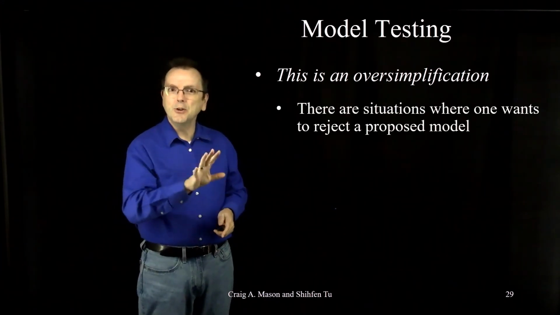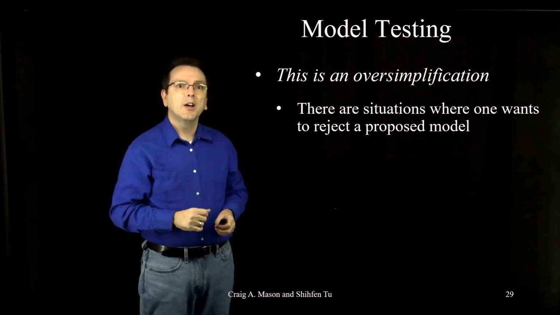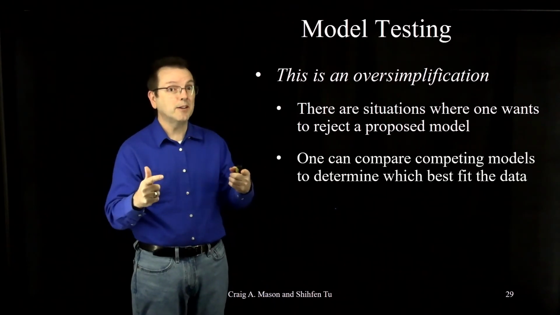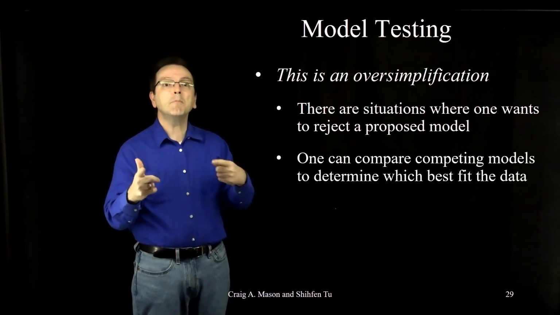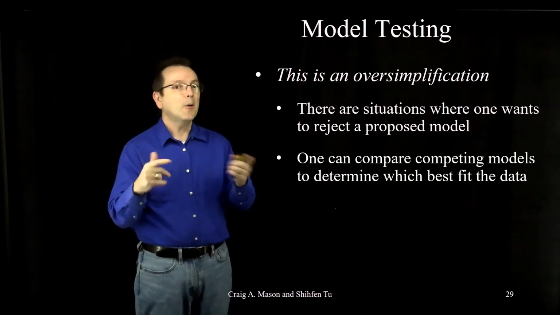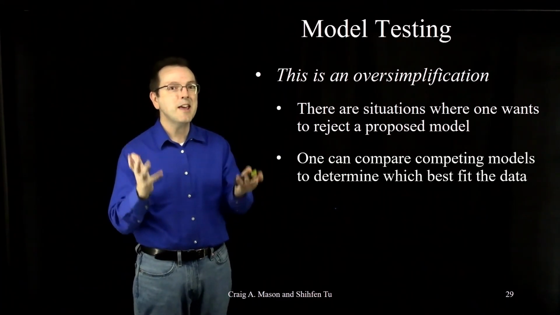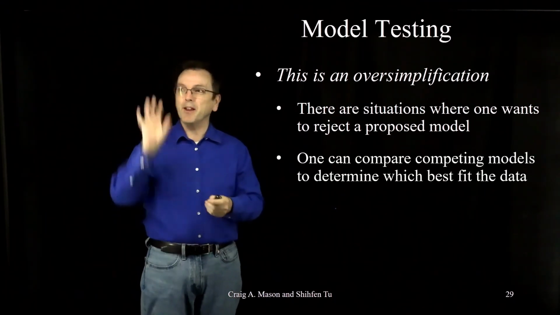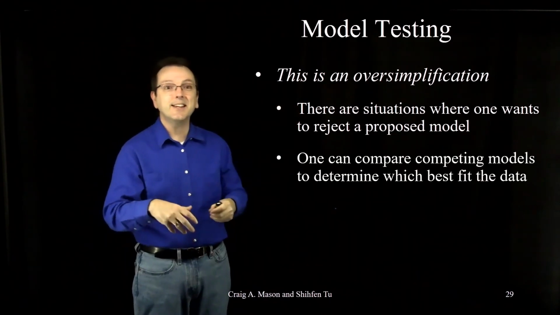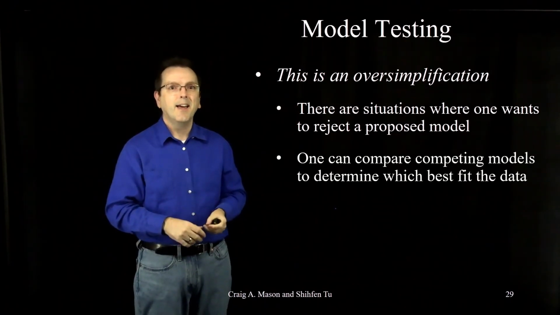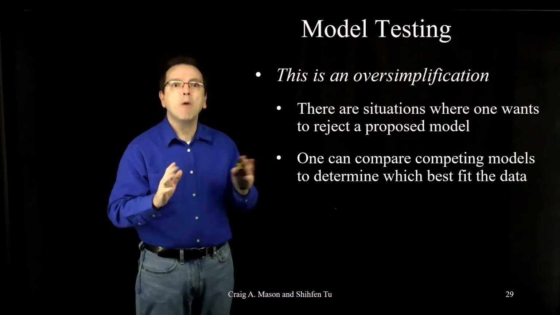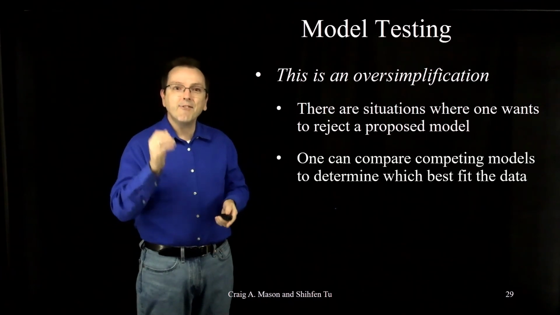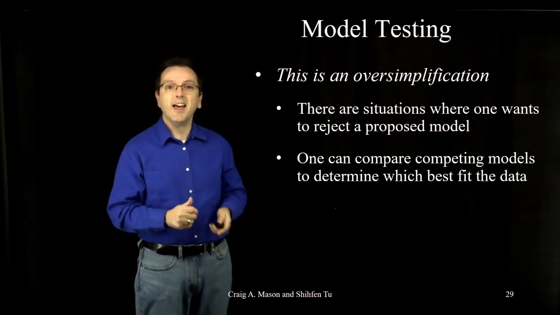In fact, you can use the chi-square goodness of fit test to compare your model to someone else's model to see which model best fits the data, which model best fits reality. Oh, pretty cool. I mean, you can compare your theory with her theory with his theory to see which seems strongest. That's an incredibly powerful use of what, at first glance, seems to be a fairly simple statistical test.